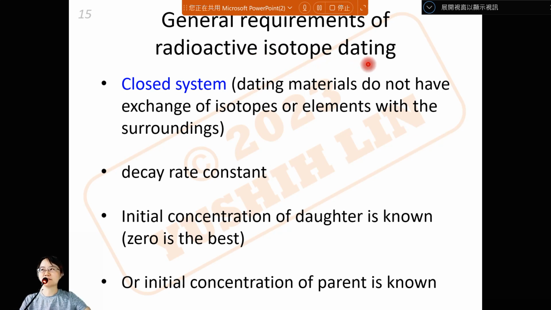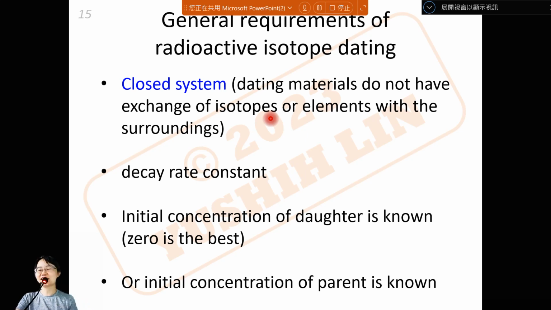First of all, the sample you use for dating has to be a closed system. Dating materials do not have exchange of isotopes or elements with the surrounding. Take carbon-14, for example. When I am alive, am I a closed system? No, because I'm still breathing, I'm still eating, peeing, pooing.